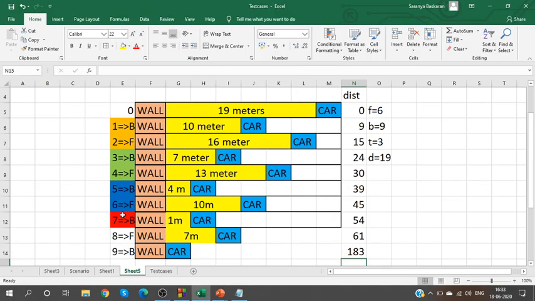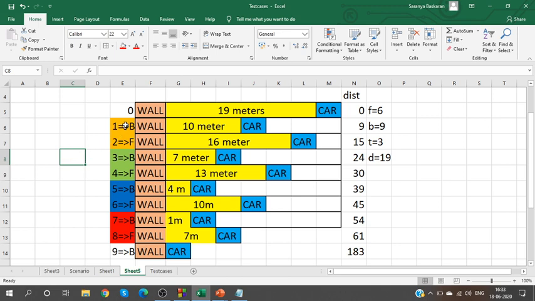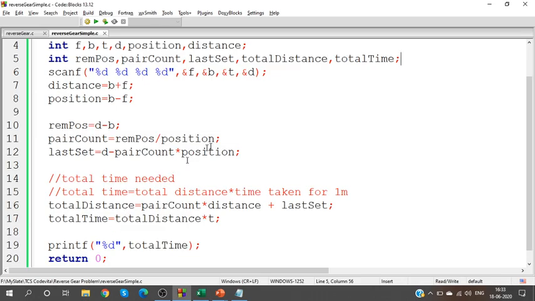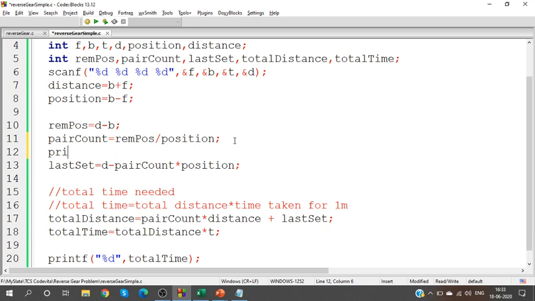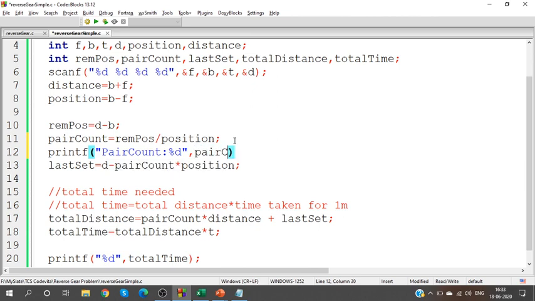Okay. Why does this happen? Let us check the pair count. Okay. How many pairs do we have here? Backward, forward like that. We have 4 pairs. Last step is backward. So in our program, I should have had pair count as 4. Okay. This is where the error is. That is why I am telling you this line. I should have had pair count as 4.